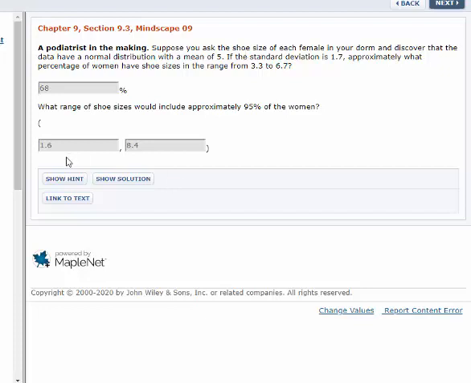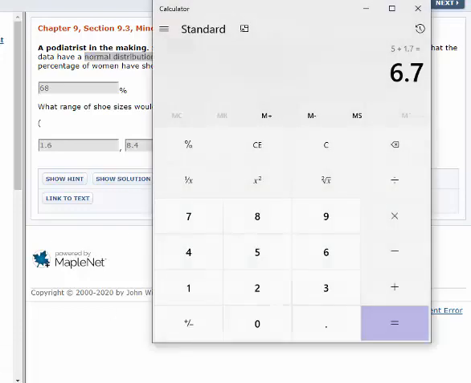Okay, next question says, what range of shoe sizes would include approximately 95% of women? Well, again, when something follows a normal distribution, 95% of observations will be within 2 standard deviations on each side of the average.